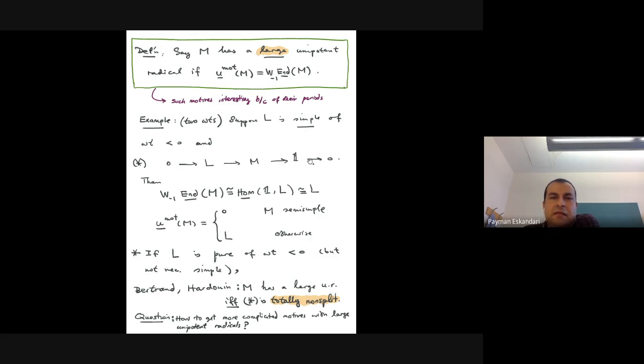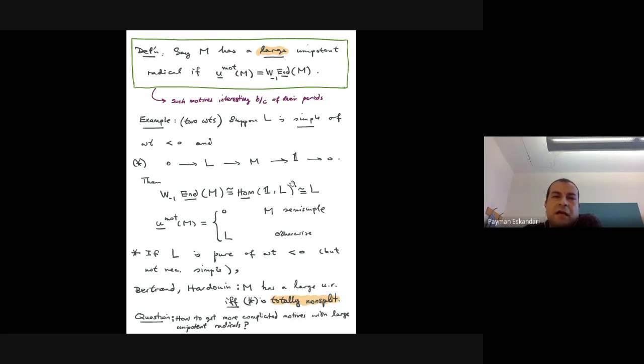By that I mean that if I look at push forwards of this extension along subquotients of L, any push forward along a non-trivial subquotient does not split. So if I look at a non-zero quotient of L, the push forward of this extension along that quotient map is still non-split.